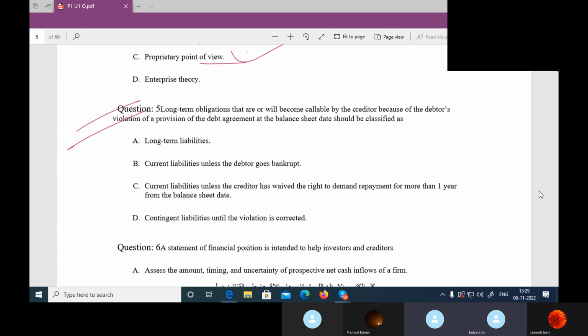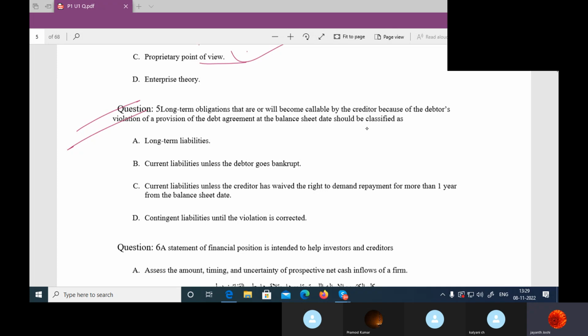Contingent liabilities? No. Long-term liability, sir. See, this one: long-term obligations that are or will become callable by the creditor because of the debtor's violation of a provision at the balance sheet date. That means if he pays within a year, then it is a current liability. Long-term obligations are something that continue beyond a year.